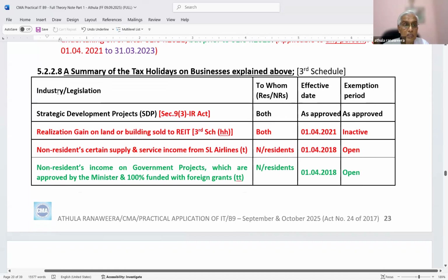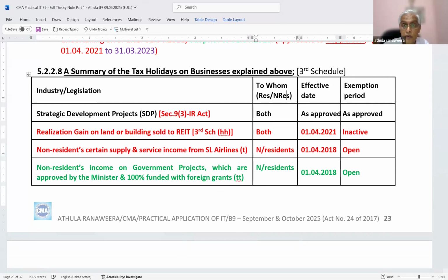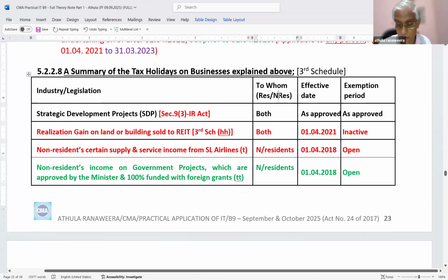Now, what's the industry or legislation? The section of the law and all. To whom this is applicable, whether it is applicable to resident people and non-resident also. Resident or non-resident.